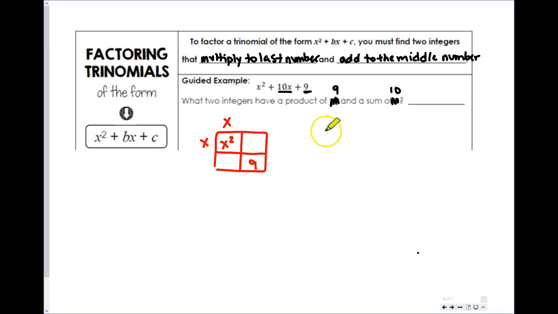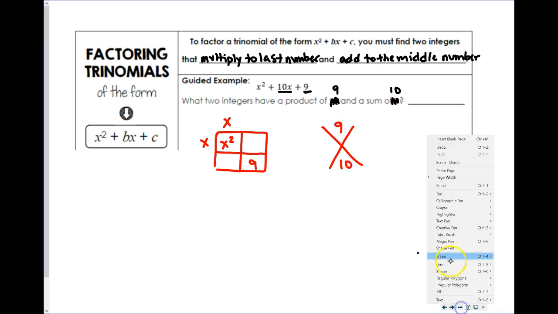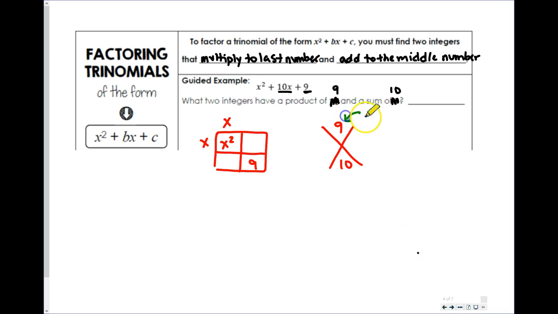So I also draw this little thing, and it's a way to write out your numbers like a puzzle. I always put the last number on top, and I put the middle number on bottom. You're looking for the numbers that multiply to 9 and add up to the bottom number.